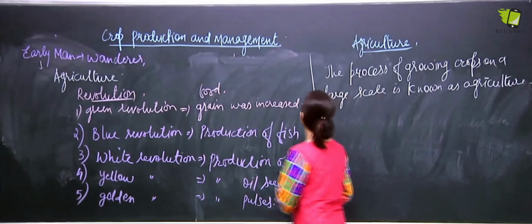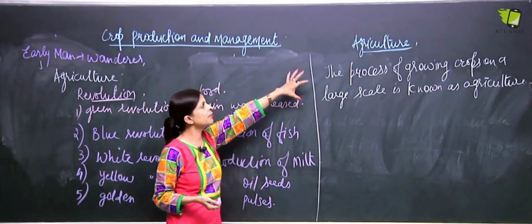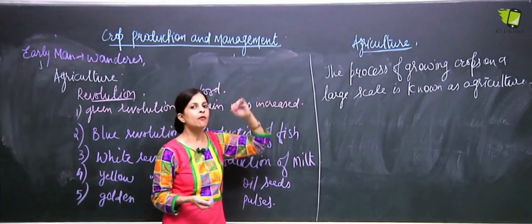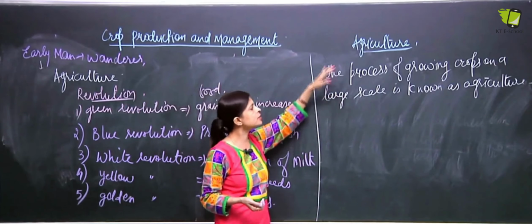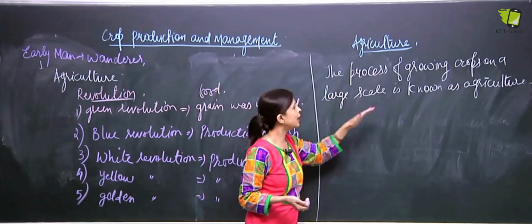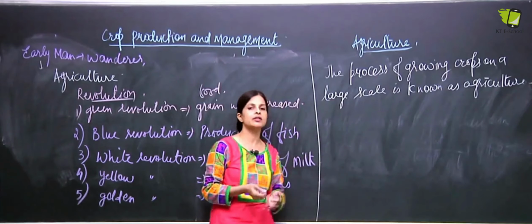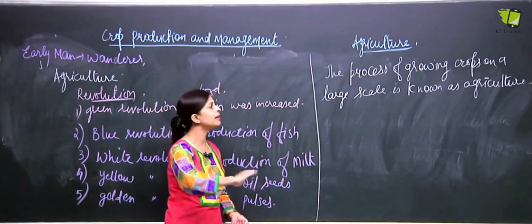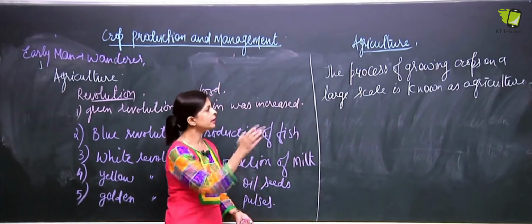Okay, so the whole chapter will be focused on the agriculture. What is agriculture? The process of growing crops on a large scale is known as agriculture. That means when the crops are grown on the large scale, huge quantity, then it is known as what?